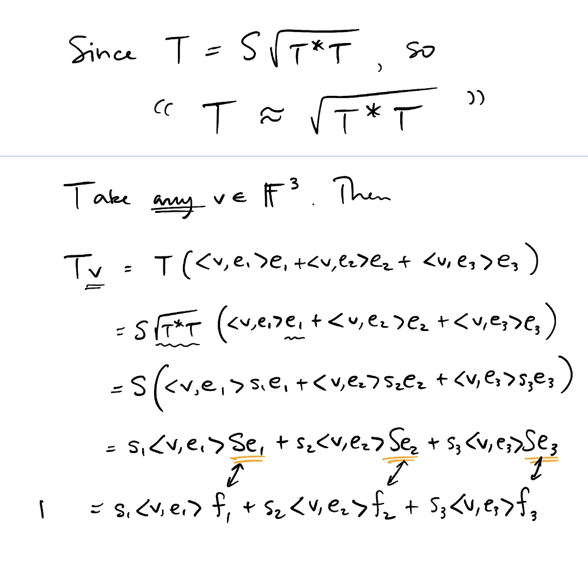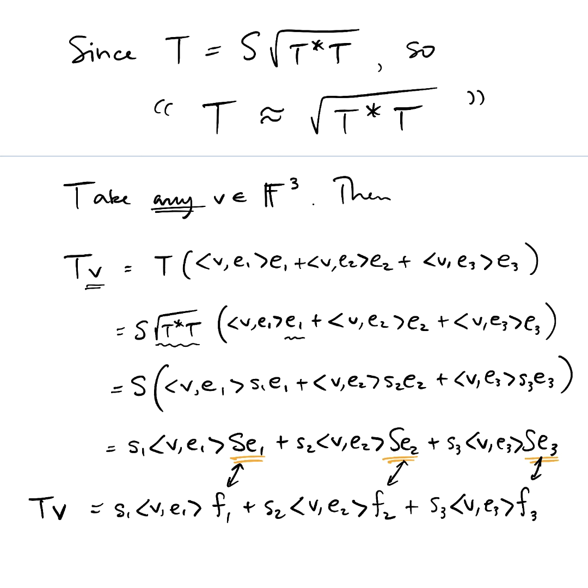So what you have here is a way of expressing T acting on V in terms of the singular values and two distinct orthonormal bases. There's the original one, E1, E2, E3, which plays a role in all those inner products.